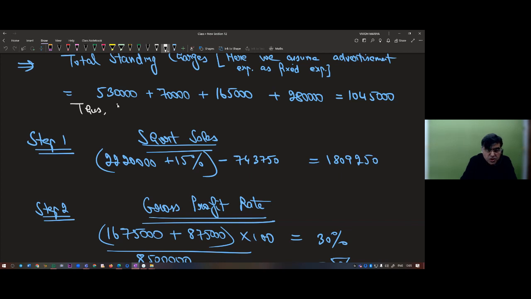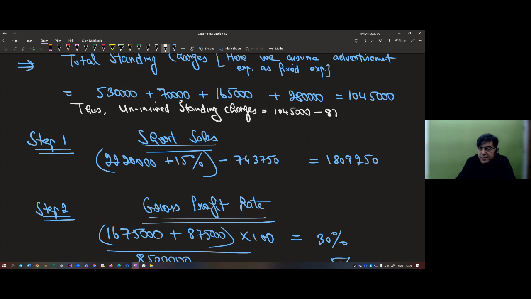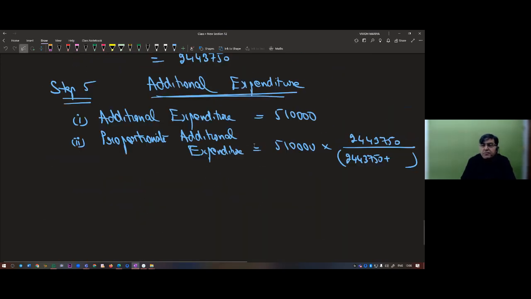Thus, uninsured standing charges are equal to 1045 minus insured standing charges 875, which is 1,70,000.